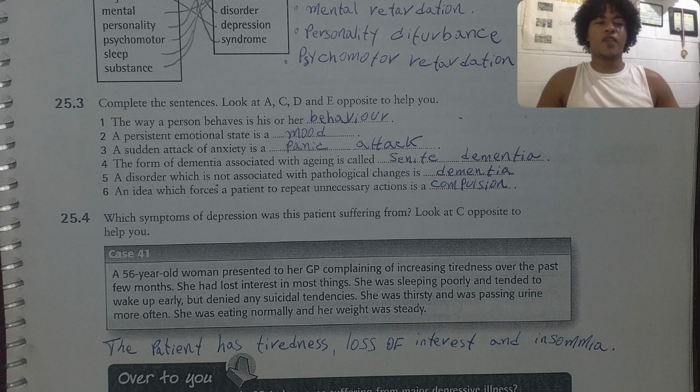Exercise 25.3. Complete the sentences. Look at A, C, D, and E opposite to help you. Number 1. The way a person behaves is his or her behavior. Number 2. A persistent emotional state is a mood. Number 3. A sudden attack of anxiety is a panic attack.